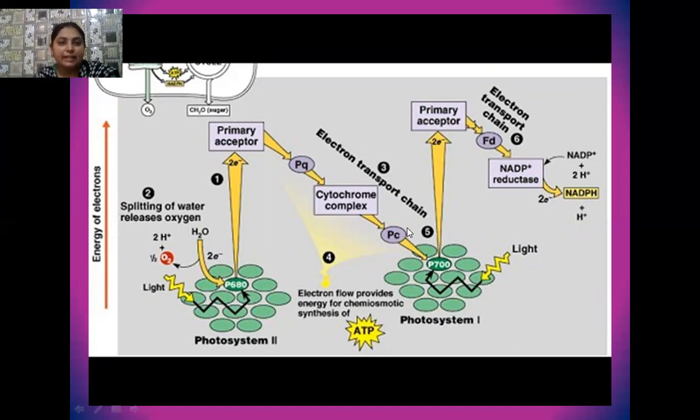So after staying here for some time, the electron ultimately loses most of its energy, and after losing its energy, it later falls into photosystem 1, which is P700. Here the electrons stay for some time because the energy is not there with the electron.